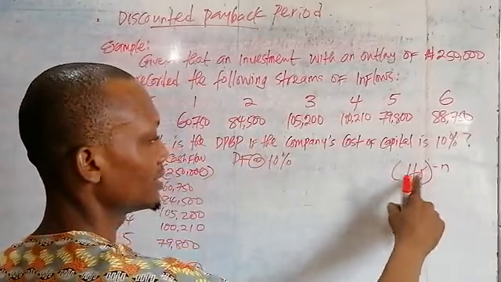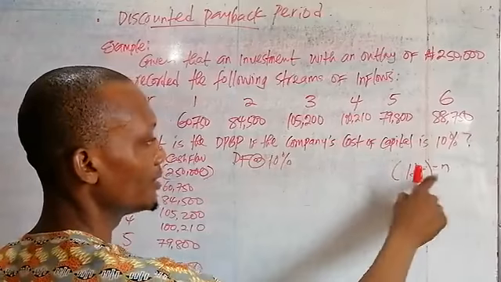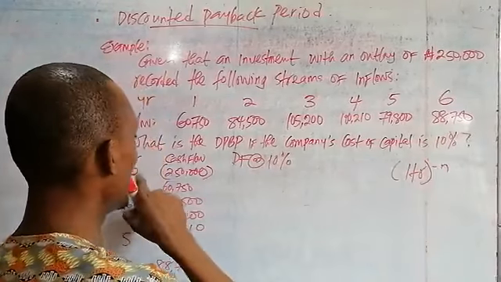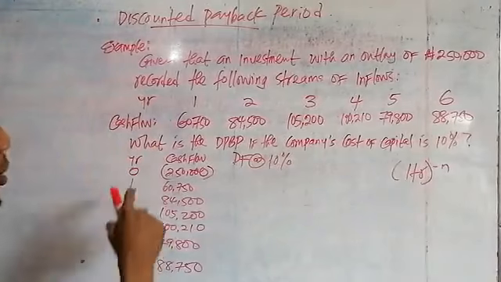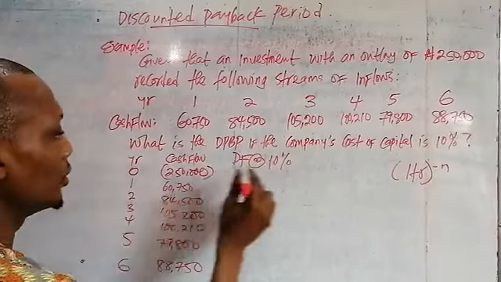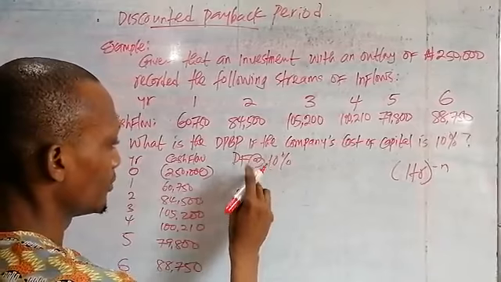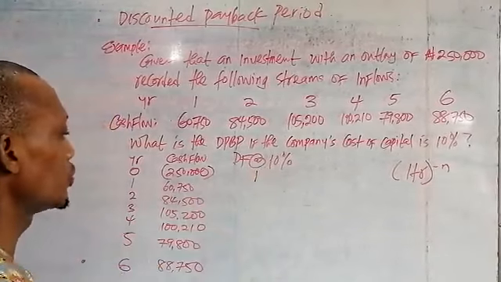The 1 is constant, r is the rate given to you, which is 10%, and n is the number of years. For year 0, raised to the power 0 is equal to 1.